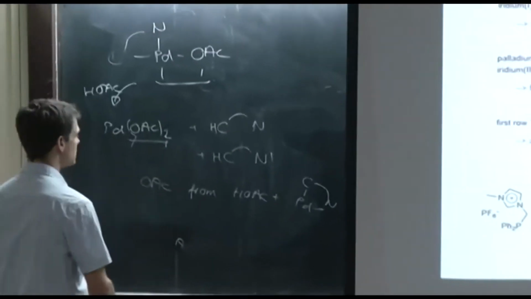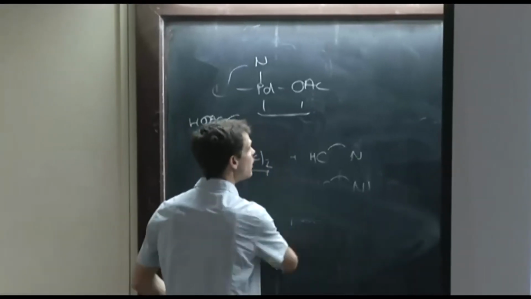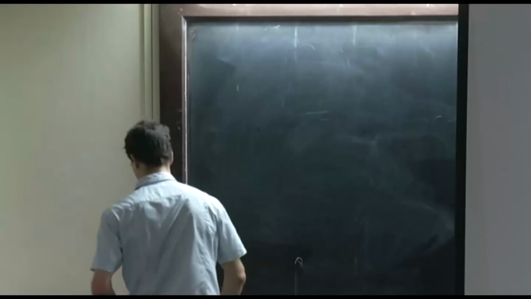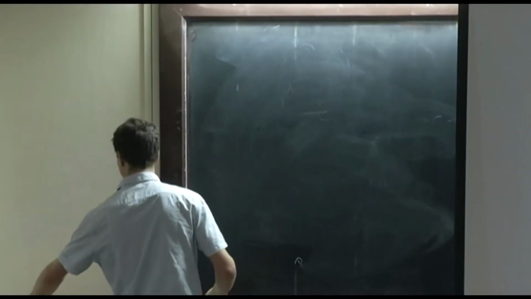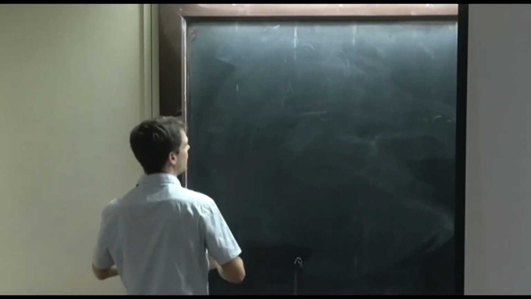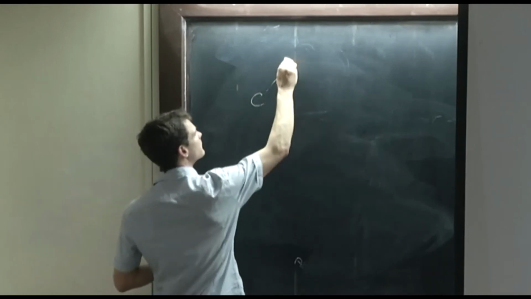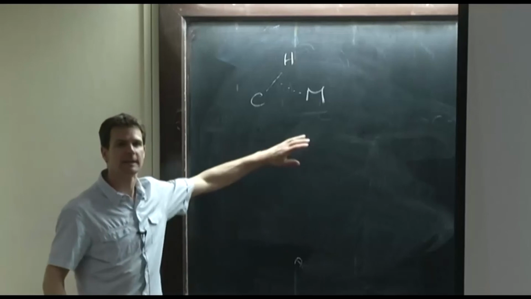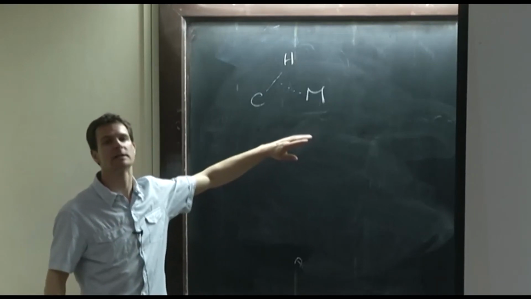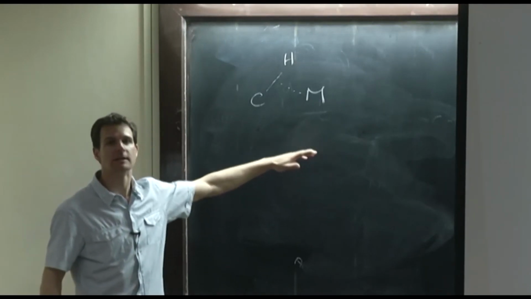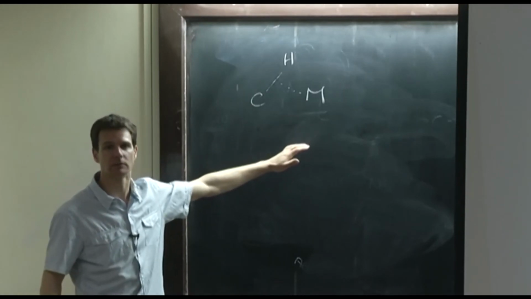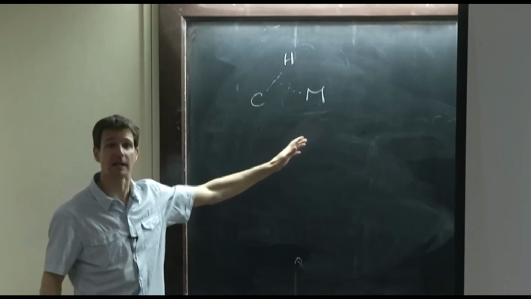So at this stage, we have no clue to distinguish. So I should have been maybe a bit clearer. At this stage here, there is no sign that tells us this is an electrophilic or a nucleophilic activation, because the interaction is the same.